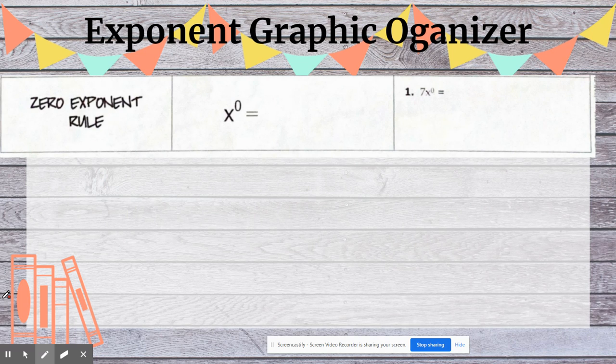The awesome part about this, guys, is that we can use our calculators to go along with this. Okay, so x to the 0 power, anything to the 0 power is actually just 1. All right, and we can test this out. You can put 7 to the 0 power in the calculator.